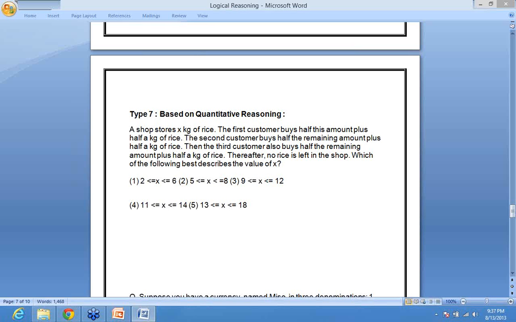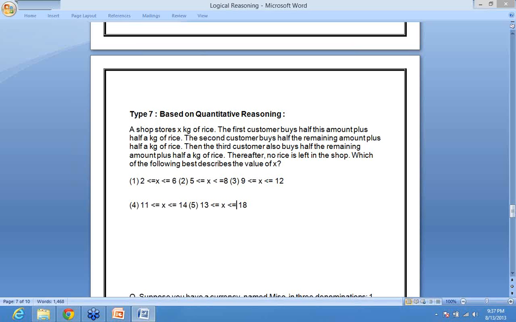The second customer buys half the remaining amount plus half a kg of rice. Then the third customer also buys half the remaining amount plus half a kg of rice. So that means no rice is left. If you go in the opposite direction, the third customer has bought half plus X, right? Okay, this approach will be a bit difficult currently.